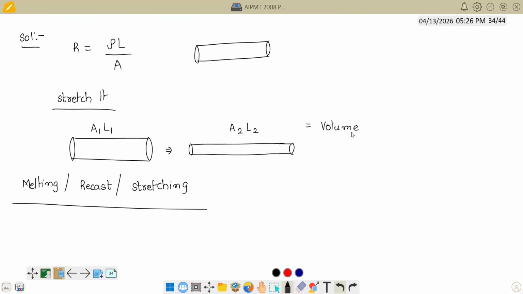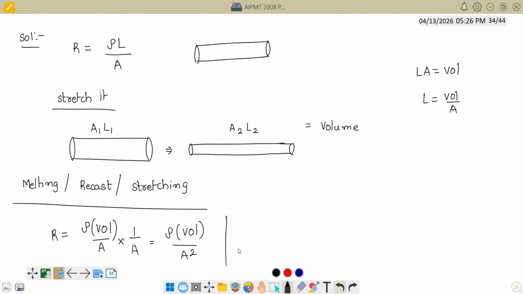We'll bring volume into the picture. This is the traditional formula rho L by A. We will replace the length with volume. We know L times A is equal to volume, so L is nothing but volume by A. So in place of length, I will write volume by A, times 1 by A. So you basically get rho times volume by A square.